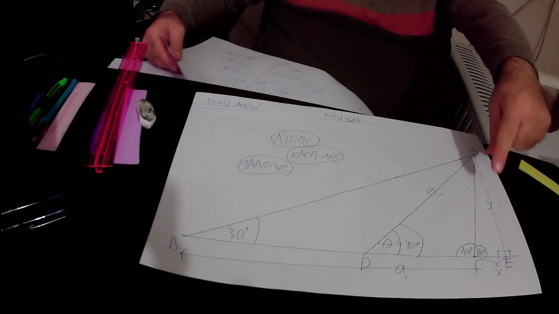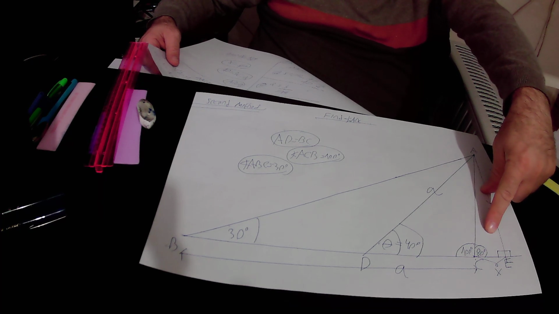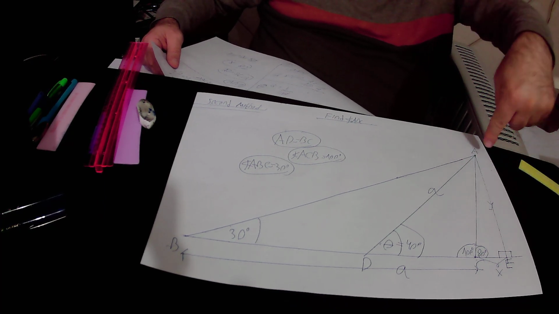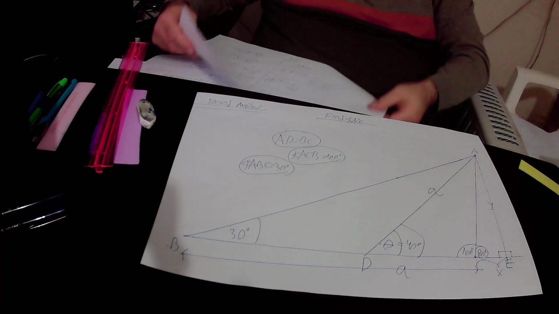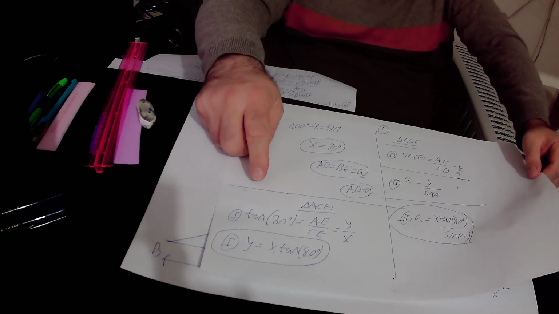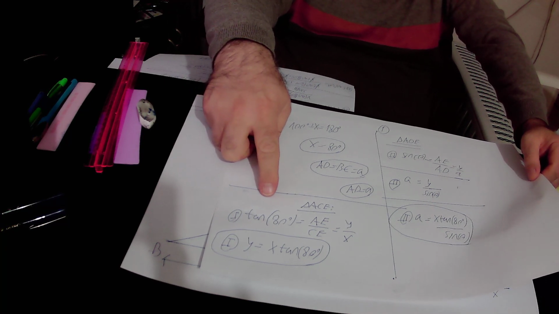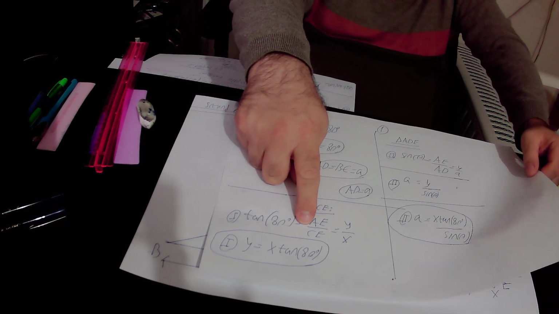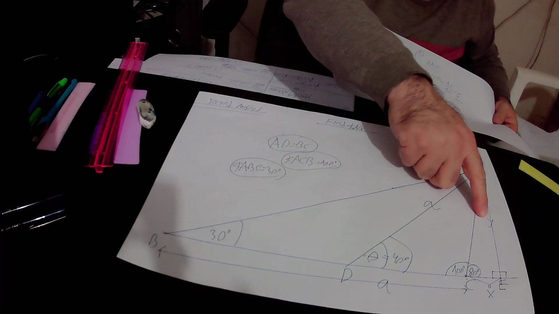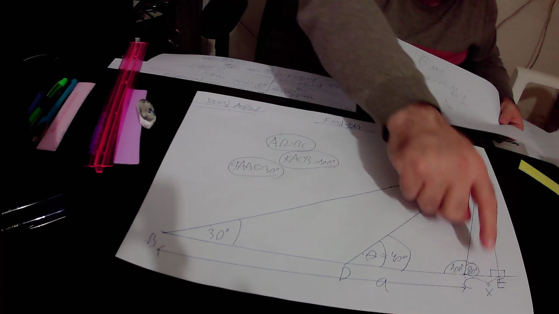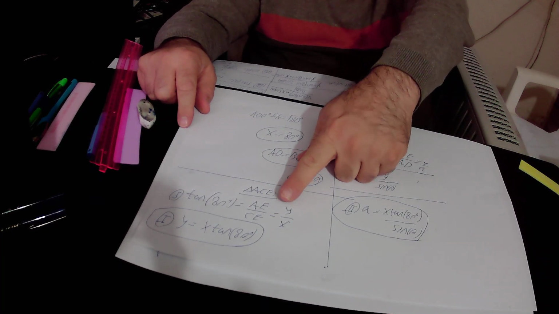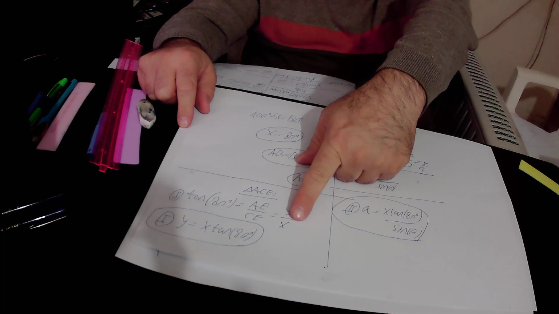Then we focus on this right triangle, triangle ACE. On triangle ACE, tangent 80 degrees equals AE over CE. AE equals Y according to our definition, and CE equals X according to our definition.